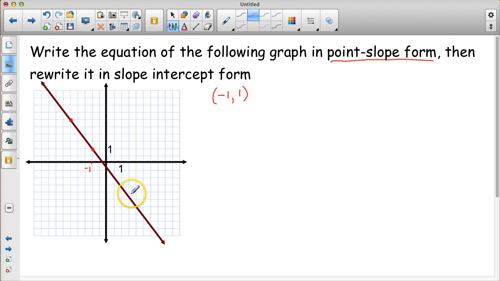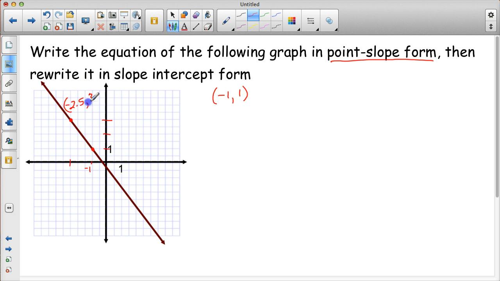Let's find the value of that point. So if I'm counting by halves, this is -1/2, -1, -1.5, -2, -2.5. So this point is -2.5, comma, let's find out what the y value is. This is 1, 2, 3.